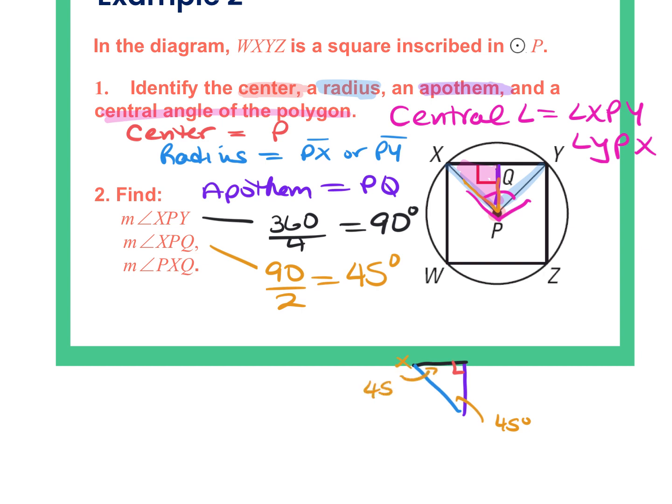So this angle, PXQ, is also 45 degrees. Because if you add up the two angles you already had, the 90 and the 45, that's 135, subtract it from 180, you get 45. But as soon as you see it's a right triangle and one of your angles is 45, then the other one will also be 45.